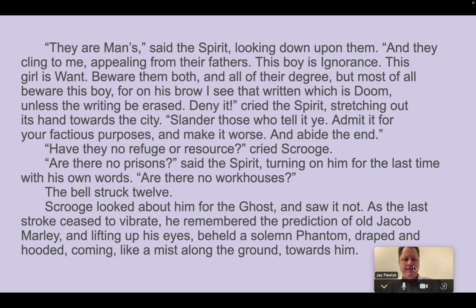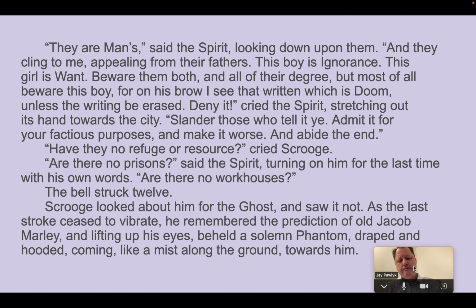"Deny it," cried the spirit, stretching out its hands toward the city. "Slander those who tell it ye, admit it for your factious purposes, and make it worse, and abide the end." "Have they no refuge or resource?" cried Scrooge. "Are there no prisons?" said the spirit, turning on him for the last time with his own words. "Are there no workhouses?" The bell struck twelve.